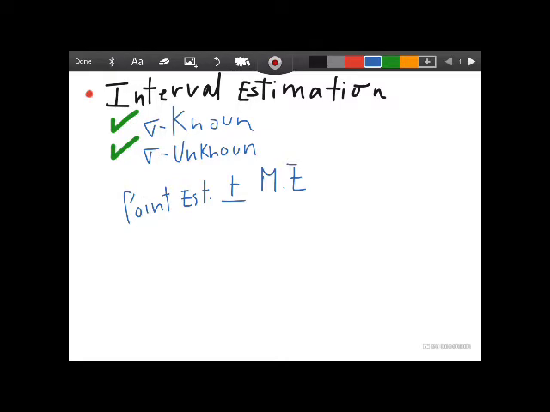To put this in perspective, let's say we have a normal distribution where mu is the center of the distribution. We take a sample, and with that sample we get an x bar, an estimation of mu.